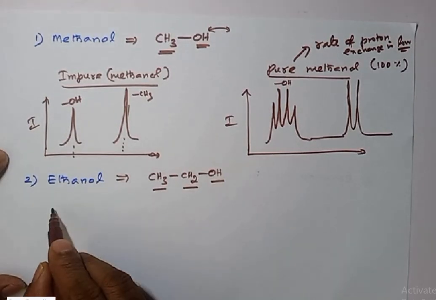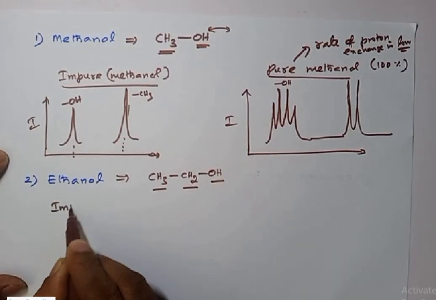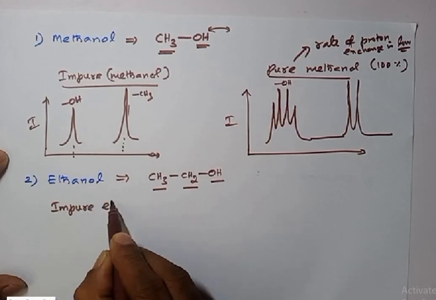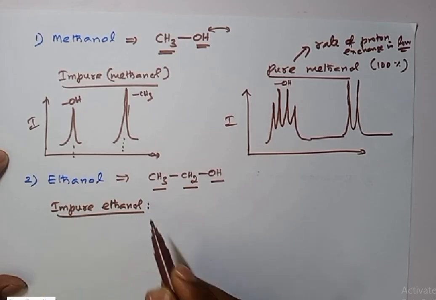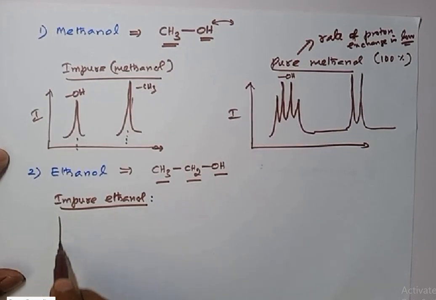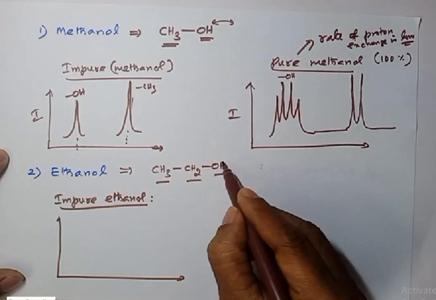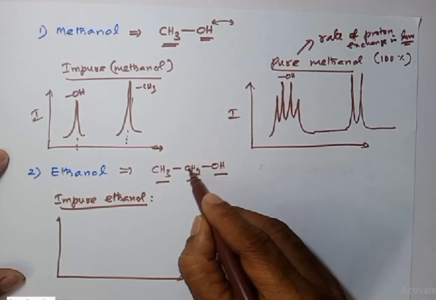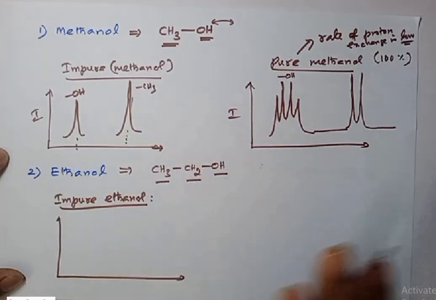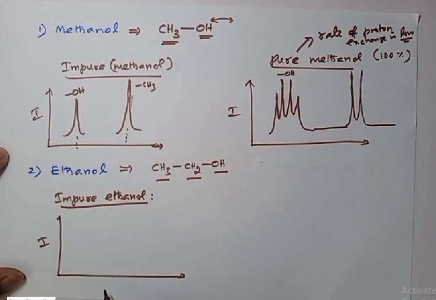If you take impure ethanol, meaning ethanol containing either acid impurity or base impurity, the rate of exchange is fast. Therefore, the signal for the OH proton cannot be coupled by the CH2 proton. There is no coupling. So, if you plot intensity versus magnetic field strength, Bz, what will happen?